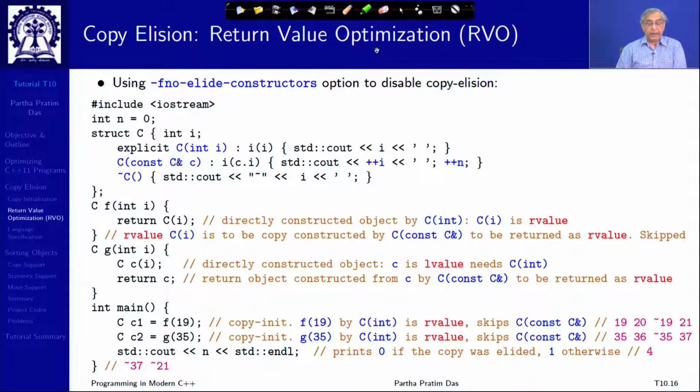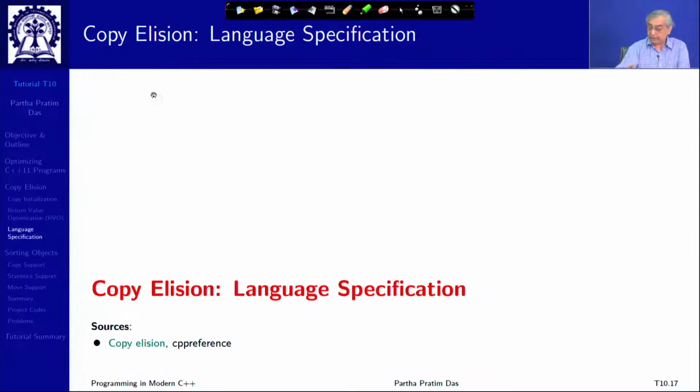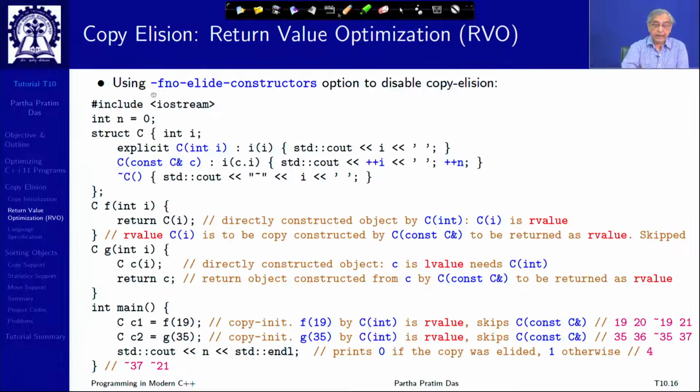You can again use this flag to force that the compiler does not do any such copy elision. If you do that, then in this case it will first construct this object, then it will copy, then it will delete the temporary object, and then it will again copy into C1.